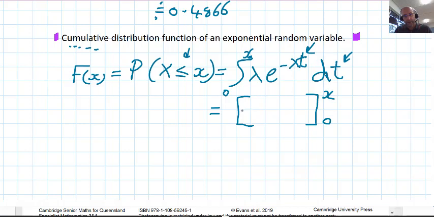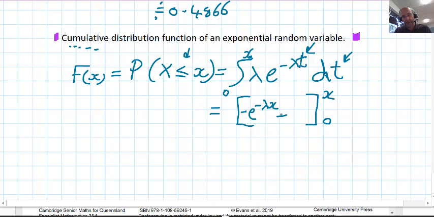Integrating, we have negative, same story, negative e to the negative lambda x, minus negative or plus. We have basically got a substitution there of e to the 0.